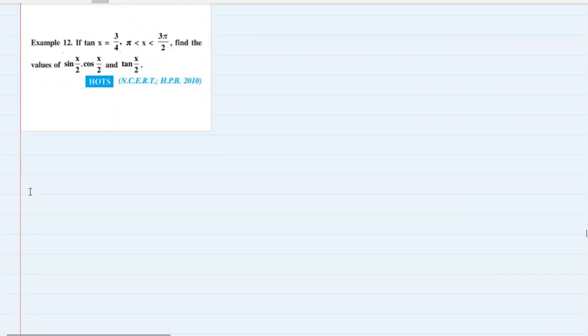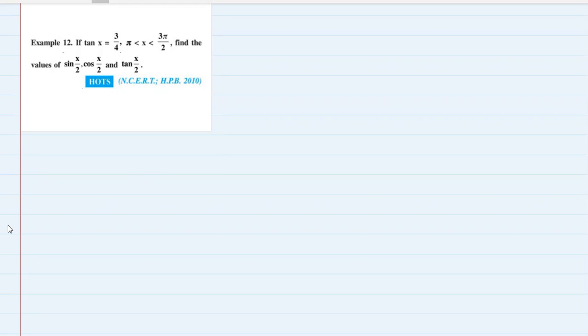If tan x is 3 by 4 and x is in the third quadrant, because x is greater than pi and smaller than 3 pi by 2, then tan of x will be positive, because tan is positive in the third quadrant.